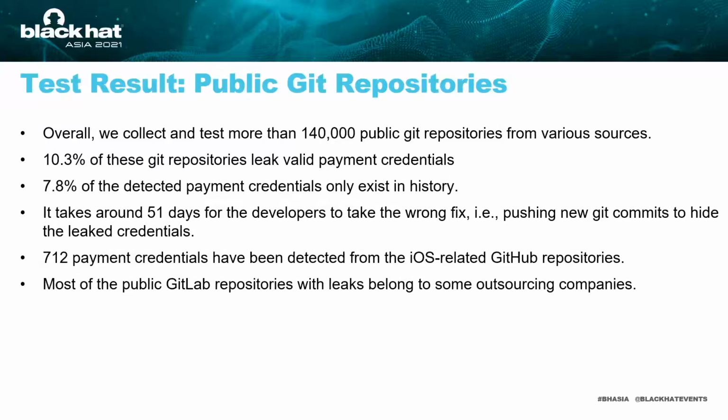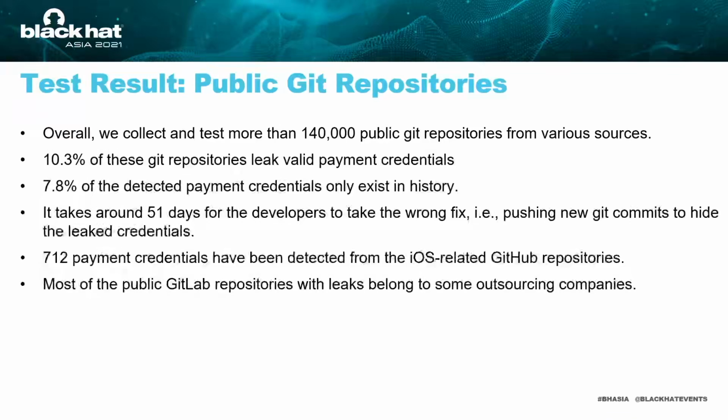Meanwhile, 7.8% of the payment credentials are only accessible in old Git commits. That indicates that some developers have noticed the leak issue, but fixed it wrongly by pushing new Git commits instead of updating their payment credentials. On average, it takes 51 days for the developers to make such wrong fixes.